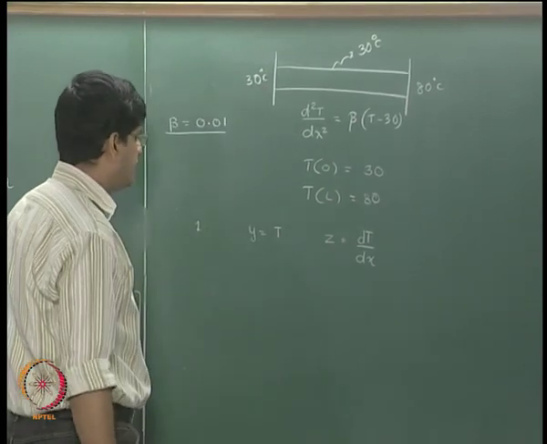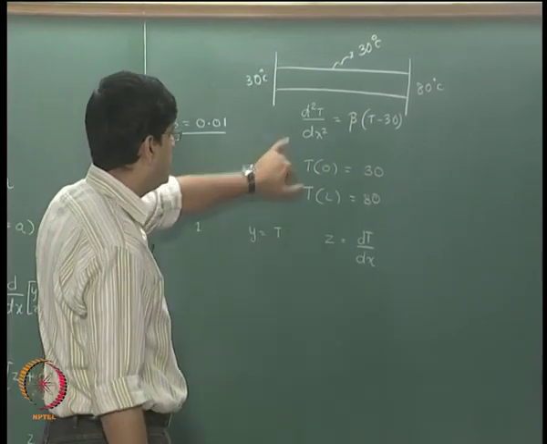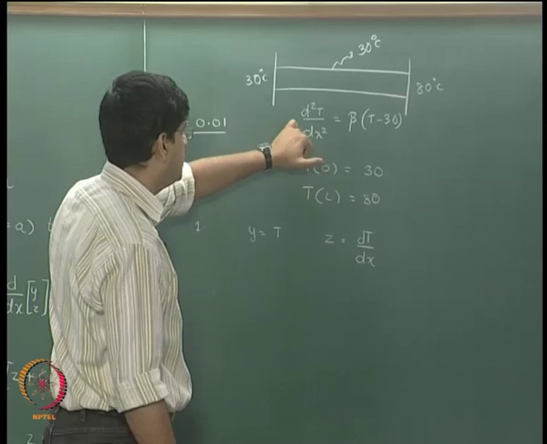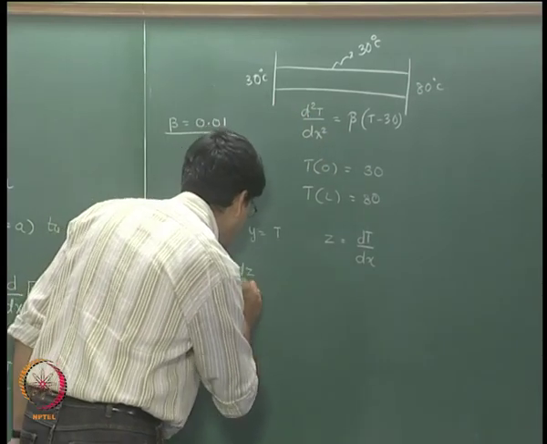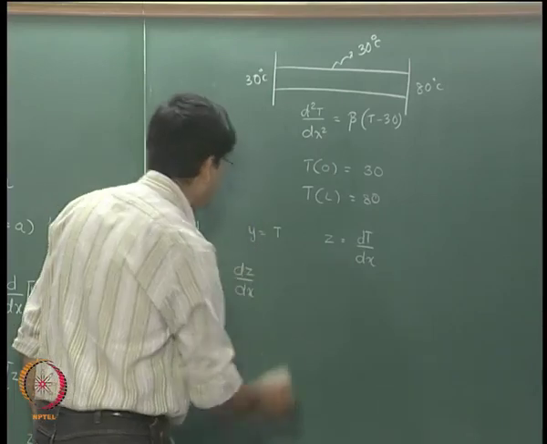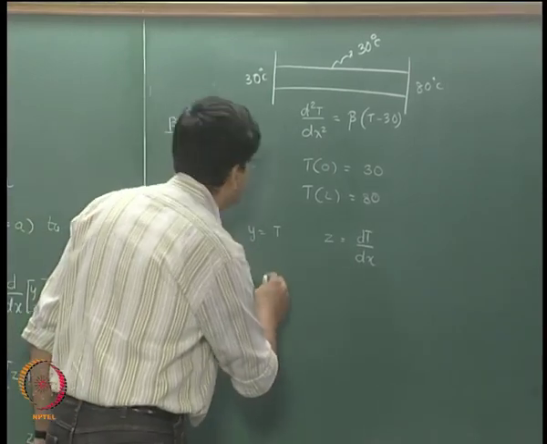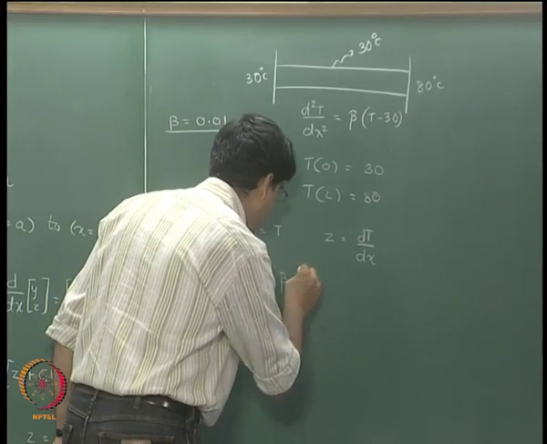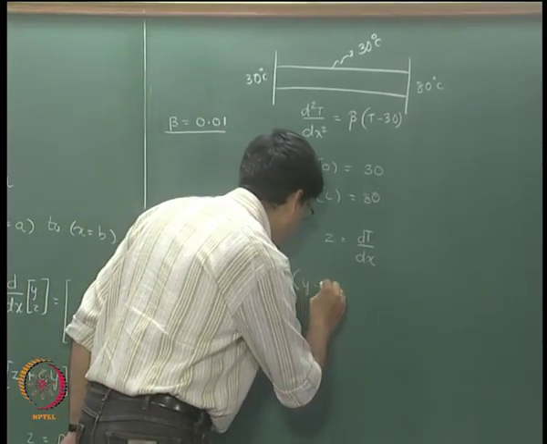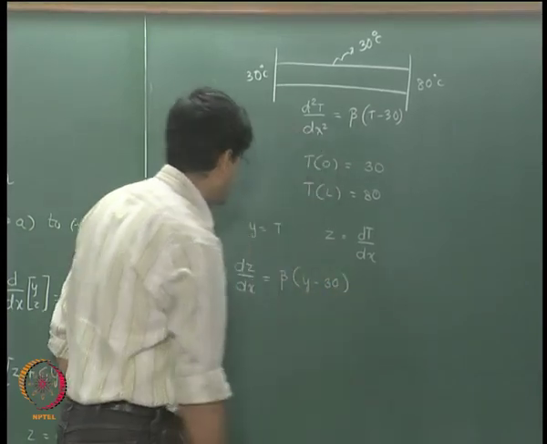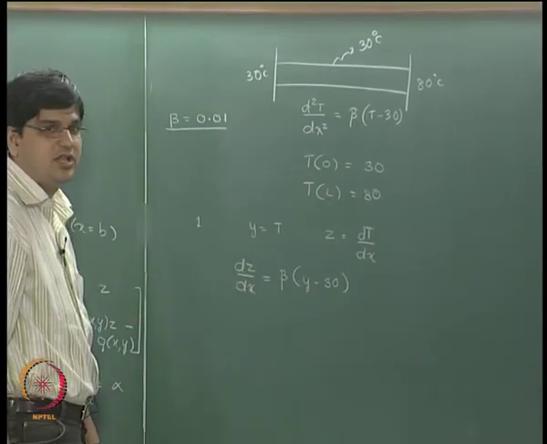With this definition, our model equation becomes d by dx of dT by dx, which is dz by dx, equal to beta multiplied by (T minus 30), which is y minus 30. So this is going to be our one equation.